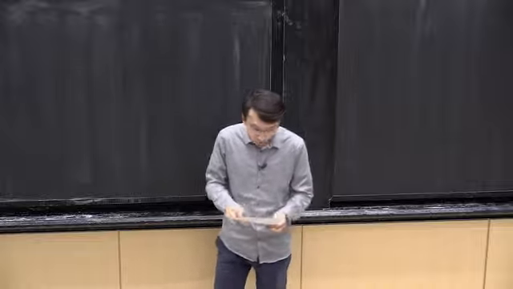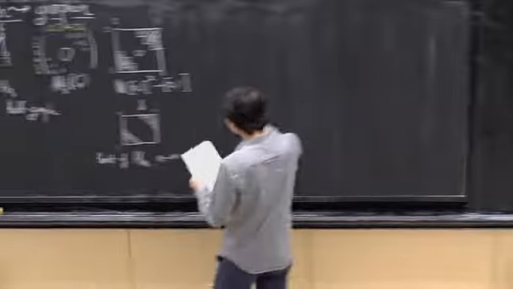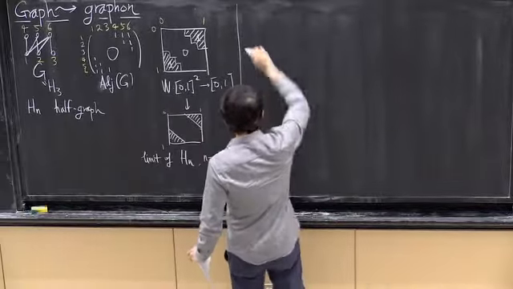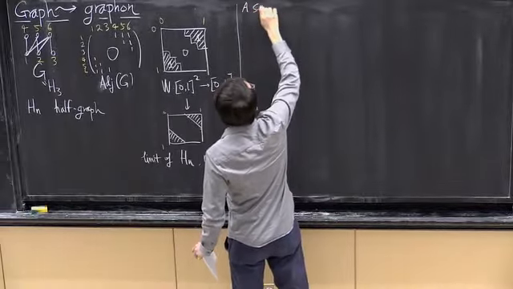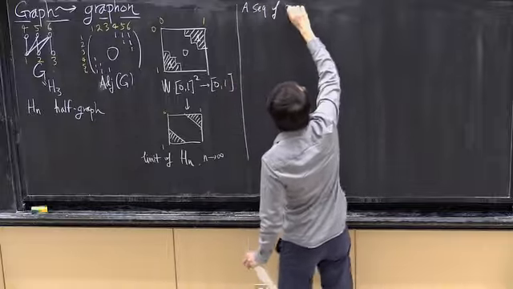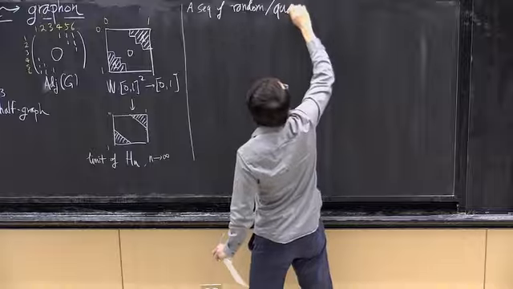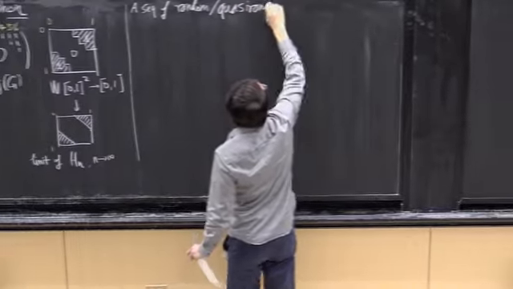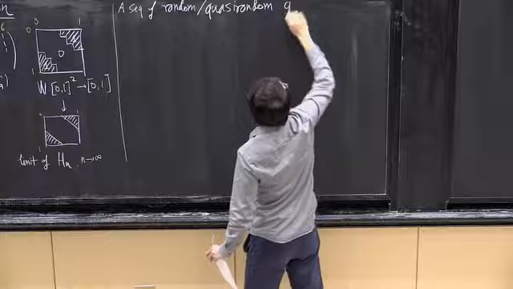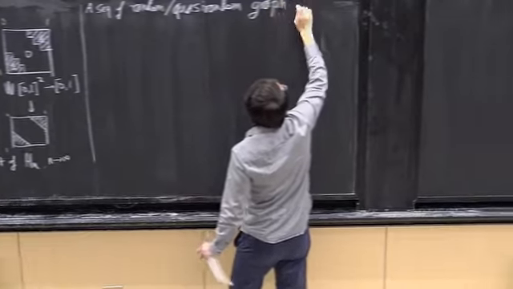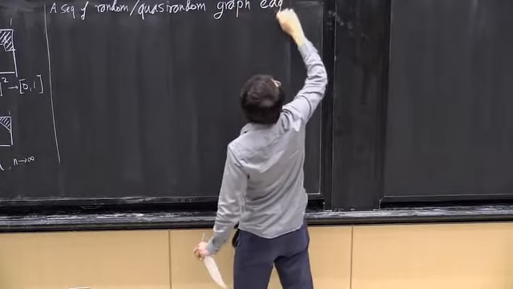Because let me give you another example. Suppose I have a sequence of random or quasi-random graphs with edge density 1/2.